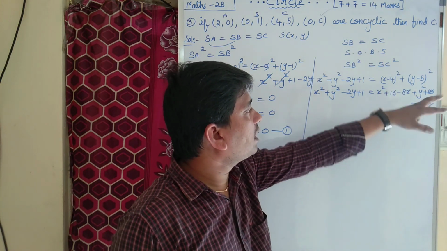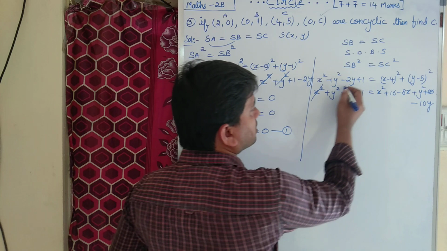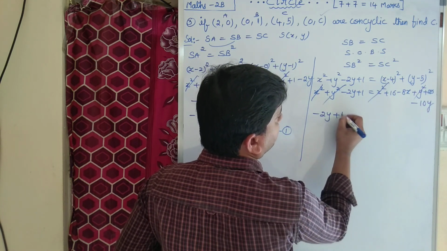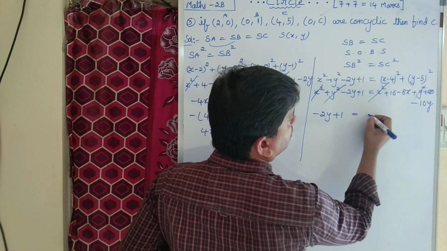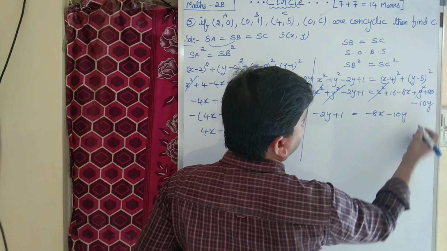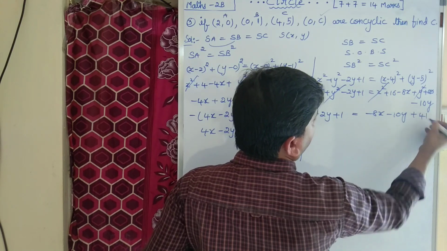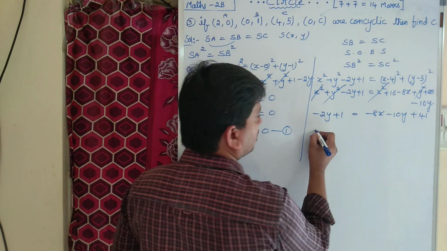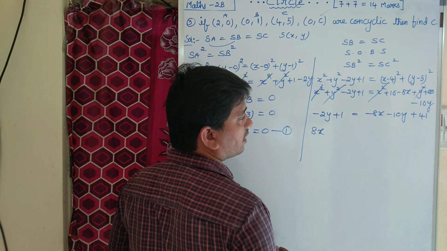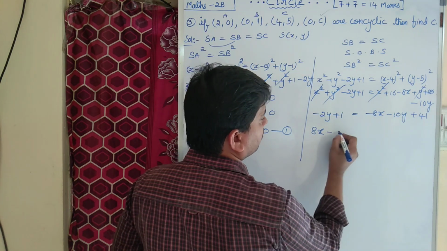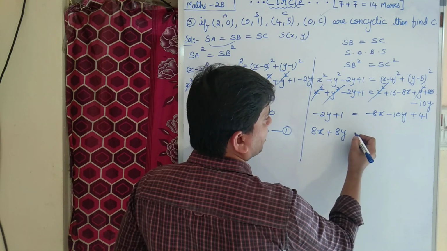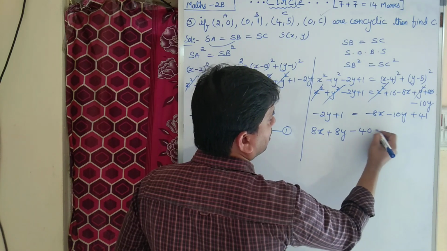(a minus b) whole square, (a minus b) whole square. Let me cancel x square, y square, x square, y square. Here we have minus 2y plus 1 equal to minus 8x minus 10y, 25 plus 16, 41. Okay, transpose, it will become plus 8x minus 10y, transpose plus 10y, minus 2y plus 10y, plus 8y. 1 minus 41, minus 40 equal to 0.